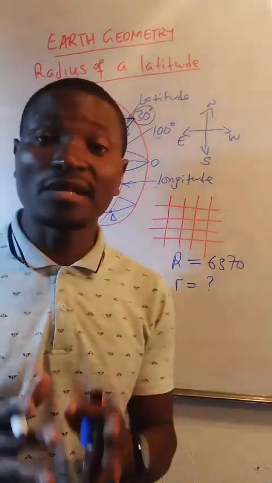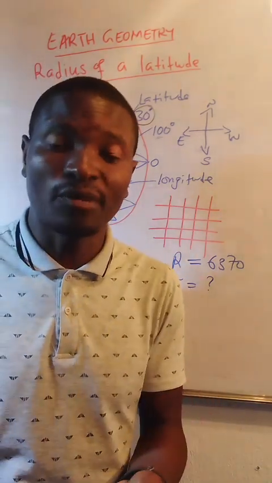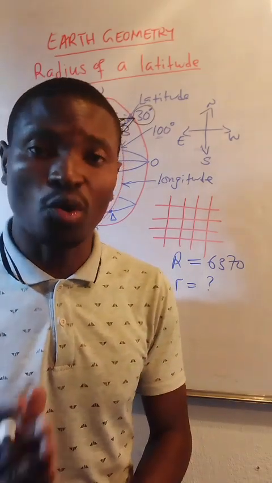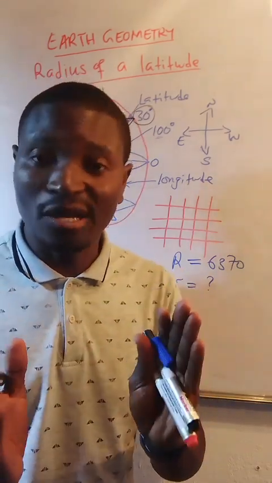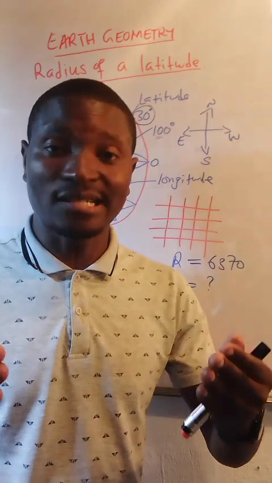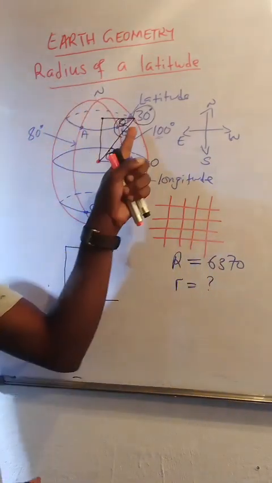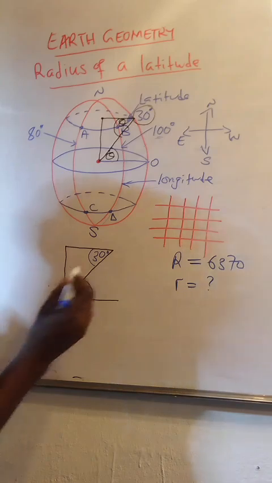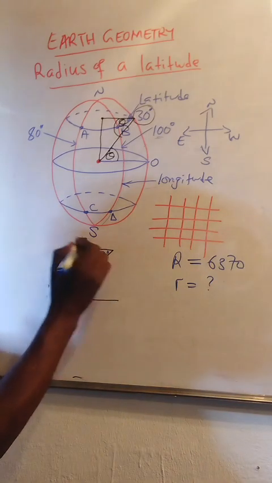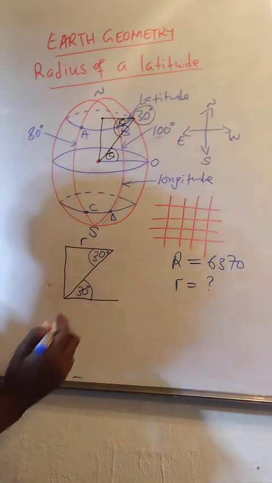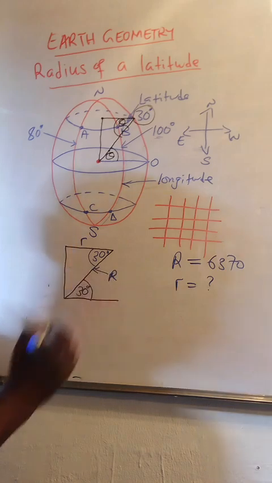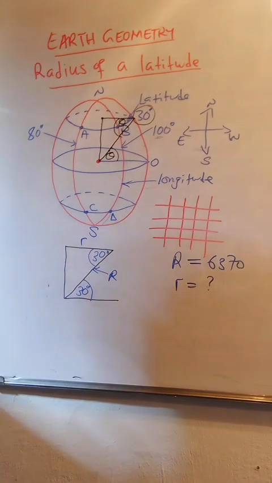And that is basically what we are trying to come up with, or rather find the radius of the small circle, or rather the radius of a latitude, which is this latitude 30. Okay. Now, so this point is small r, okay, and then this one there is capital R. Okay.